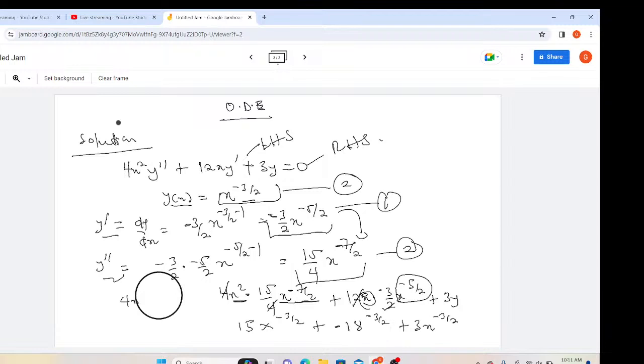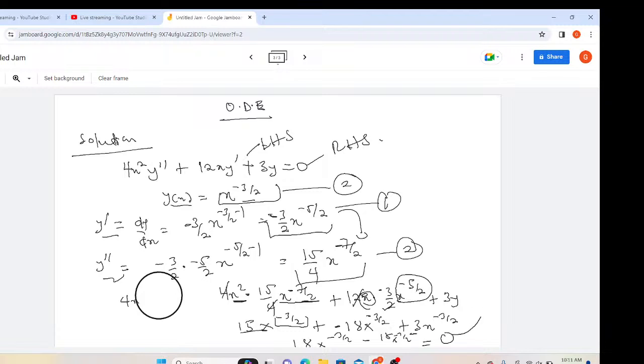Then 3y gives 3x exponent minus 3 on 2. They all have x exponent minus 3 on 2, so we can add them: 15 plus 3 gives us 18 x exponent minus 3 on 2, and then we have minus 18. So this gives us 0.